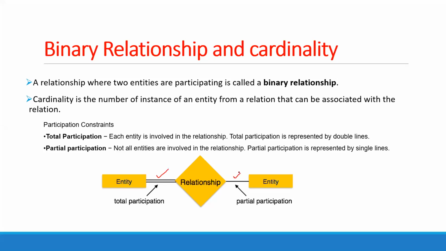Try to understand this. Total participation means each entity is involved in the relationship. This is called total participation, and it is represented by double lines.